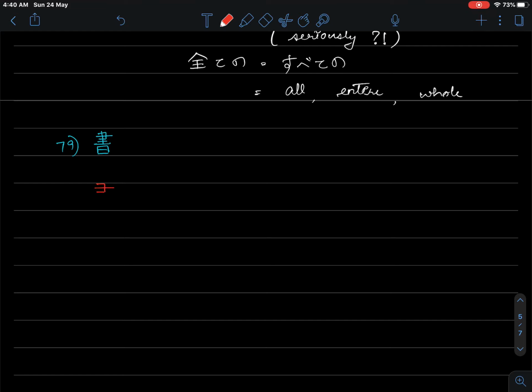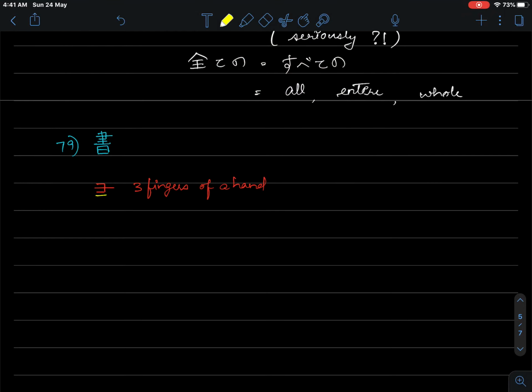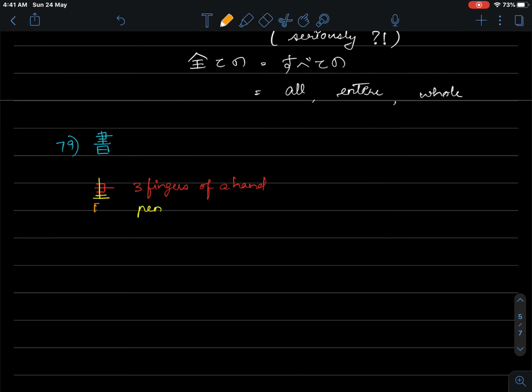Think of this part as being 3 fingers of a hand. And those 3 fingers of a hand are holding a pen on top of a pile of papers.